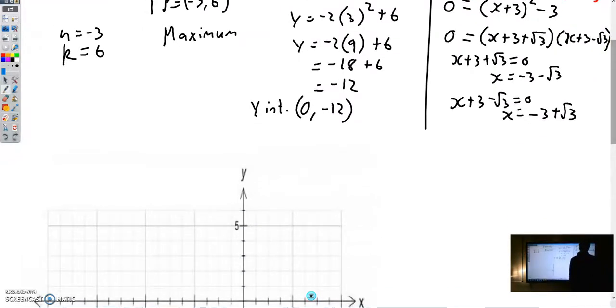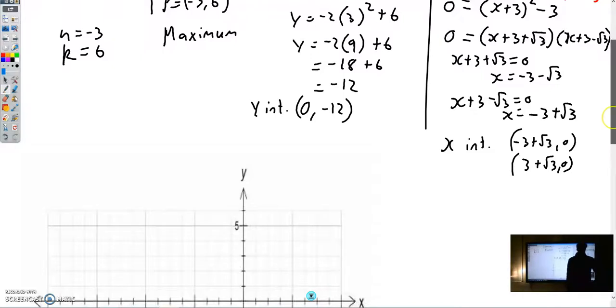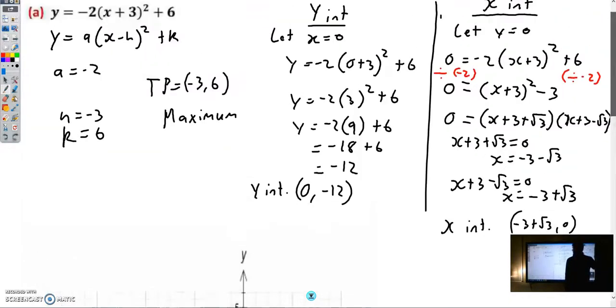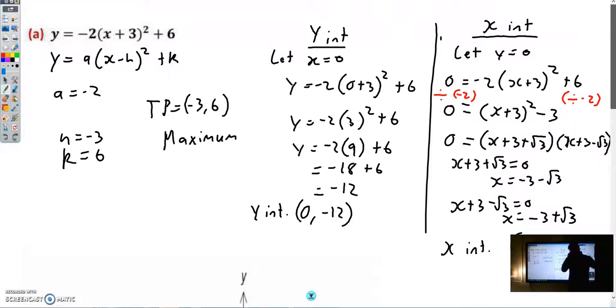Remembering that the square root of 3 is 1 point something. So my two x-intercepts are minus 3 plus root 3, 0, and minus 3 minus root 3, 0. Now I have all the points that I need to sketch my graph.